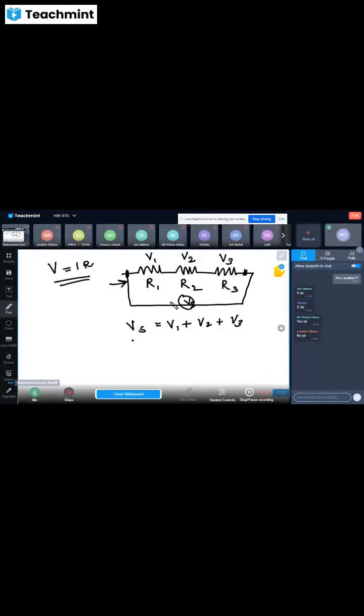What is this total V? V is equal to IR. In this case, I is not getting divided, and R is equal to Rs, the resistance will be Rs, that is the total resistance. So if I want to find out the total resistance of the circuit, I need to do that.